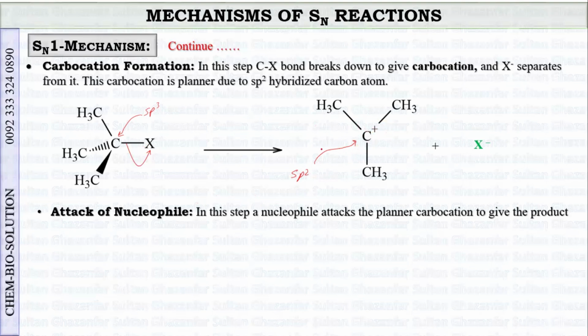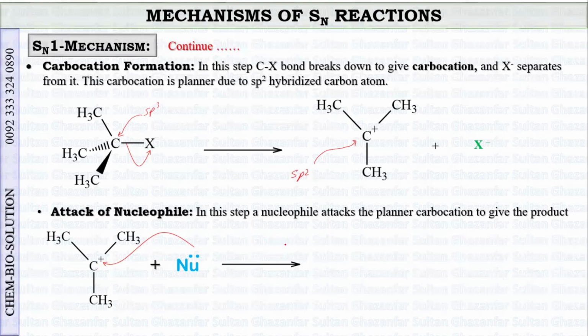Now the nucleophile can attack from either side of this carbocation. So on attacking the carbocation, this electrophilic positive carbon, a new bond is formed between the nucleophile and this carbon, and again it becomes sp3 hybrid.